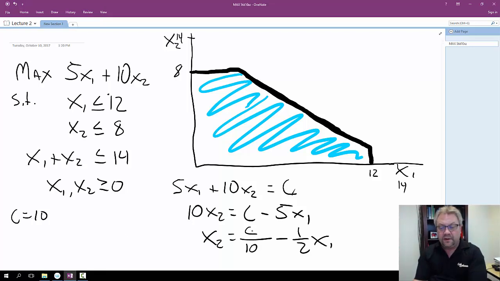I'm doing this in multiples of 10 because 10 divided by 10 is 1. So if C is equal to 10, I would have 1 minus 1/2 x1. And since I have a slope of -1/2, if I start here, I would end up here.